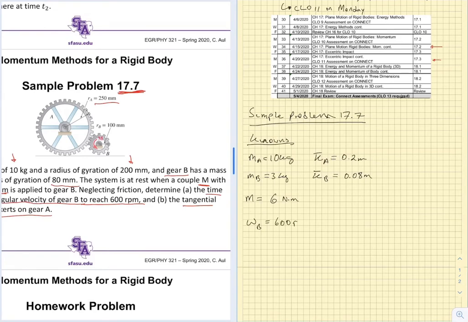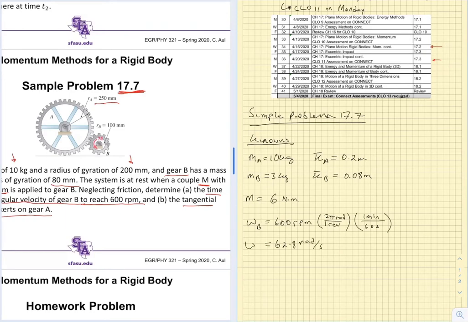And then we say the angular velocity at state 2. So this is basically after a certain amount of time, the angular velocity of gear B. In fact, since it's starting at rest, we can just call it omega B, and that's 600 RPM.